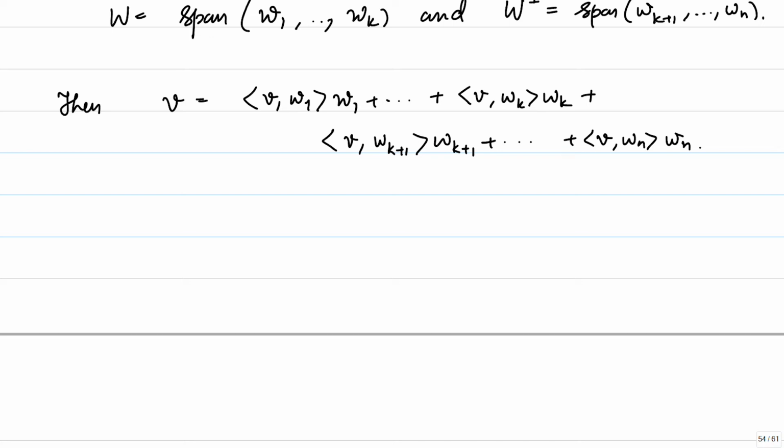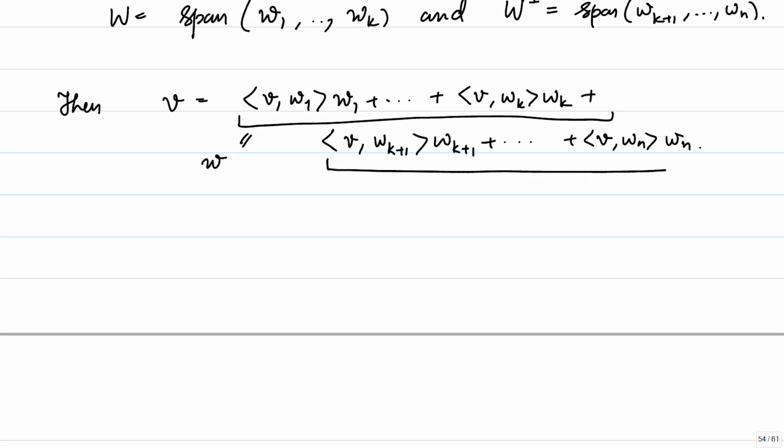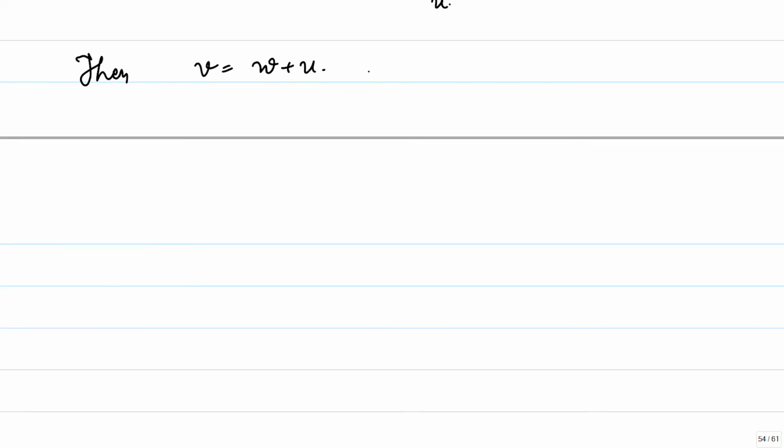So let us call the first part equal to small w and the second part equal to small u. Then v is equal to w plus u. Then w is clearly in capital W and u is in the orthogonal complement of capital W, because w is in the span of w1 to wk, which is a basis of capital W, and u is in the span of wk plus 1 to wn, which is a basis of the orthogonal complement of W.